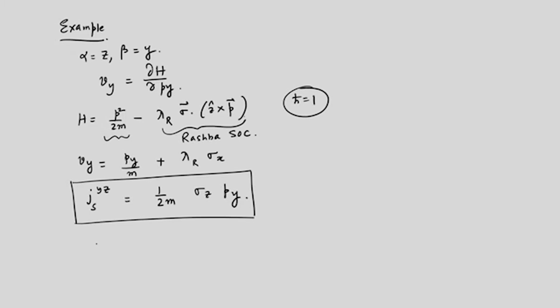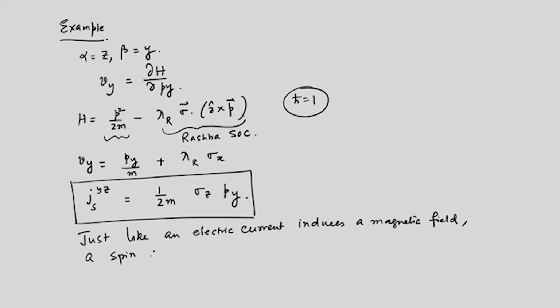So, a spin current actually produces an electric field, and basically the spin current experiences a force because of this electric field, just like a magnetic field is induced by an electric current, a spin current induces an electric field.